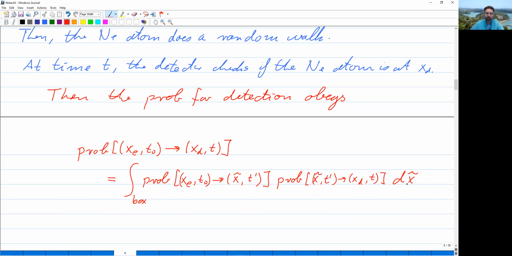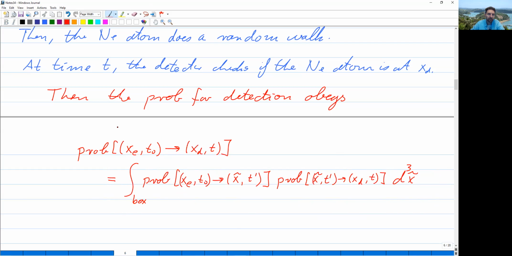d3x tilde. So this is not a method for calculating that probability. For that, we would need to know the gas dynamics, the temperature, and all those things. No, it's just a general probabilistic statement that must be true.